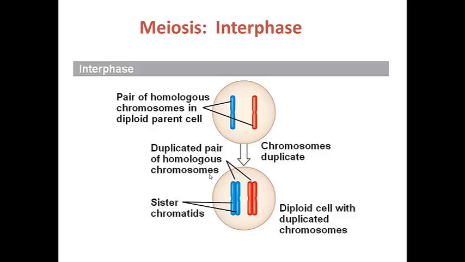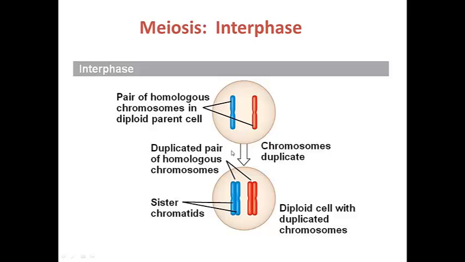So how does meiosis happen? Much like mitosis, before entering the process of cell division, the chromosomes have to be duplicated. Here you can see in our initial cell, we have our pair of homologous chromosomes. One of these chromosomes is maternal and one is a paternal chromosome.